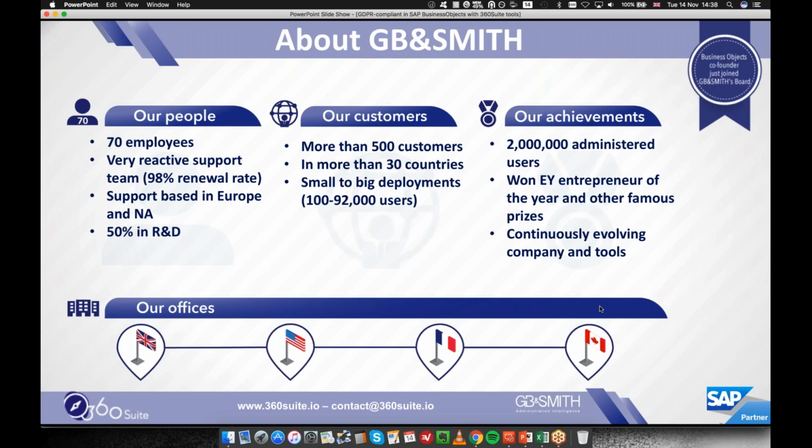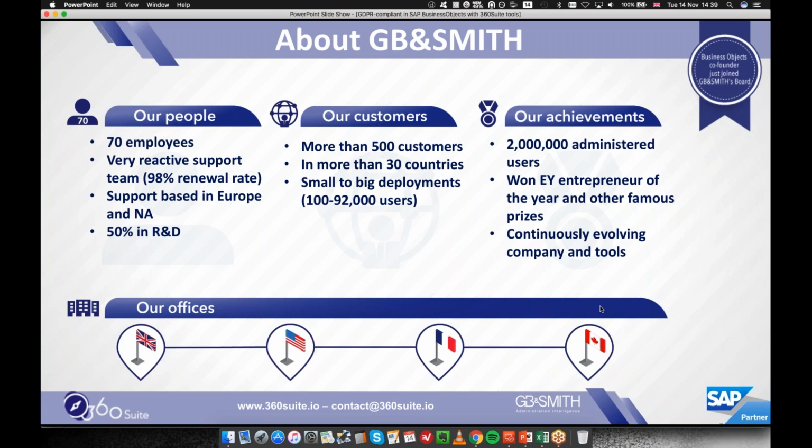So before we wrap up, who we are. We're GBN Smith. We've got about 70 employees worldwide, and the company is mostly based in France, but we've got offices in the UK, in the US, in Australia. We invest heavily in R&D.